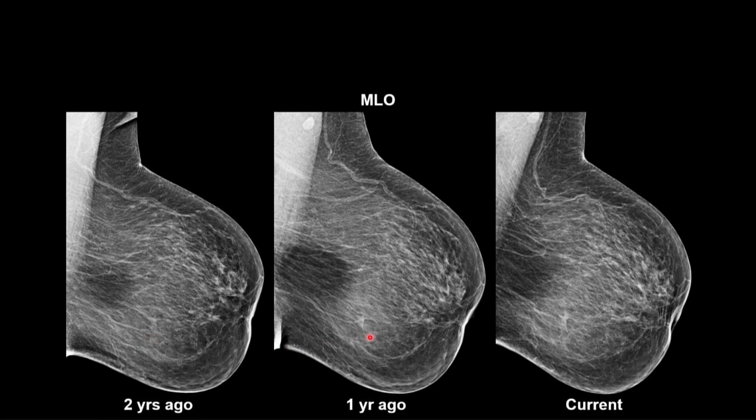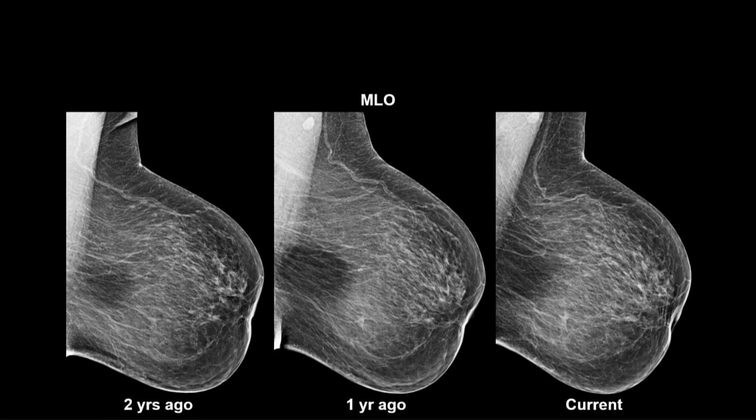Why wasn't it called here? Because the difference between this and this was below the threshold of the interpreting radiologist, and that often happens. Once it gets to here, even though there's not that much difference between this one and this one, when you compare this one with that one, it's big enough to really see the change.